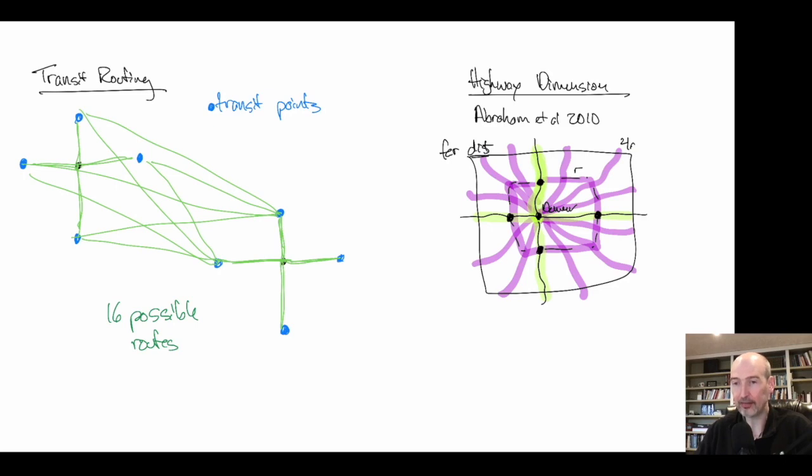And so I can take now a really long path, and normally the computation of a shortest path for a very long path would be very expensive. But in this case, you can see it doesn't matter how far these states are apart. I'll actually be able to calculate the path length between them in just, well, if the highway dimension is h here, or so the number of transit points for each node is h, then it's sort of h squared time.